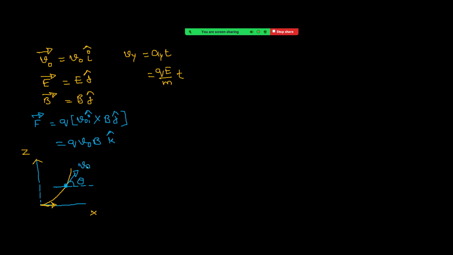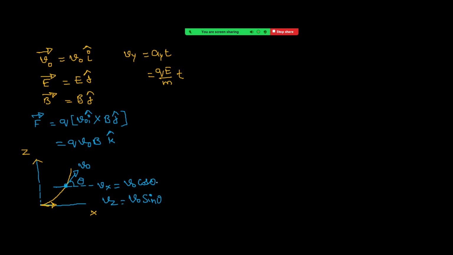So Vx will be V naught cos theta, right? And Vz will be V naught sin theta, right?